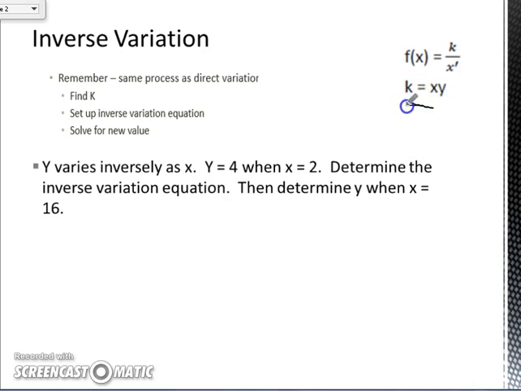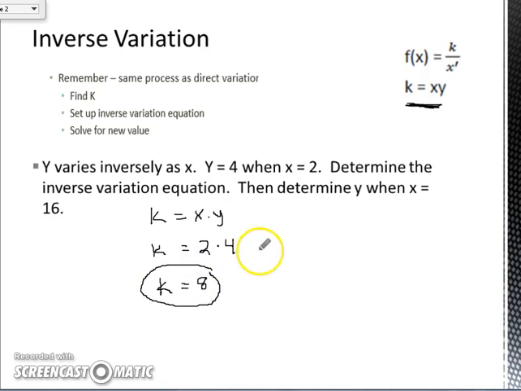So to find the constant, we're multiplying our input times our output. So k equals x times y, and in our problem, the x value is 2 and the y value is 4. So our constant for this inverse variation is when k equals 8. So we're going to use 8 for k to answer our next question.